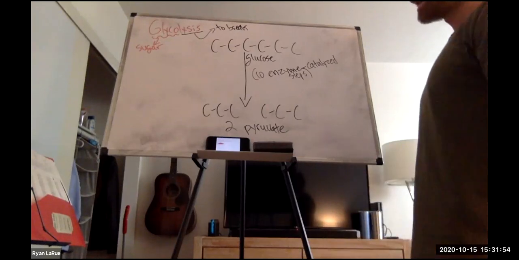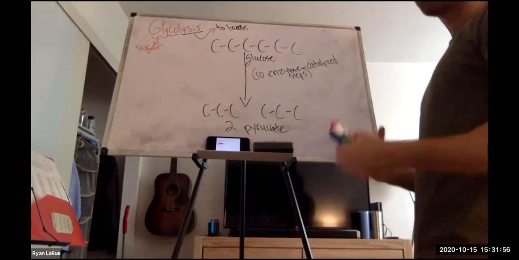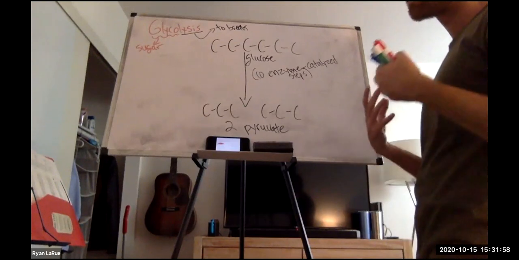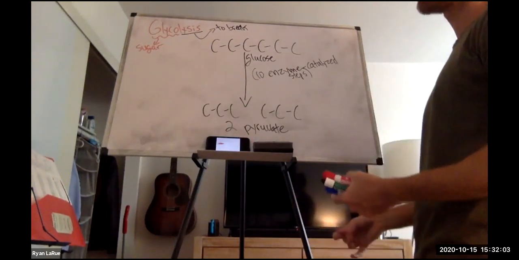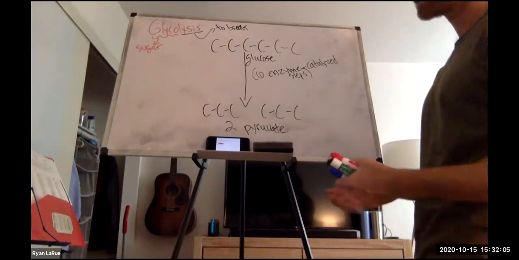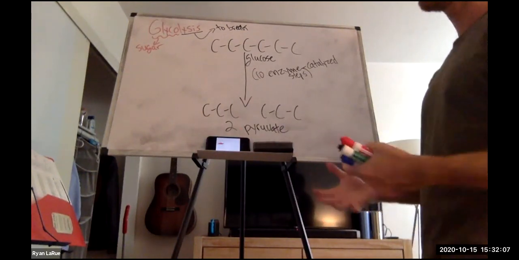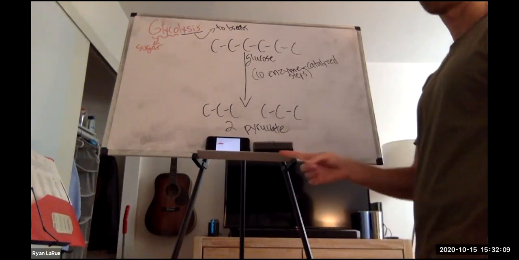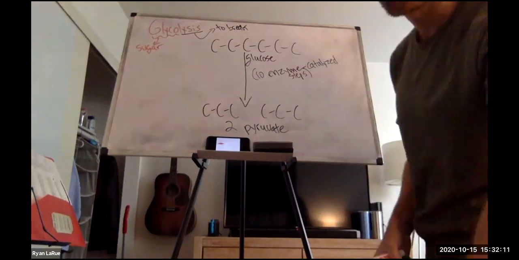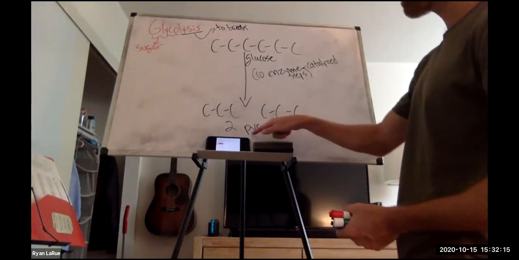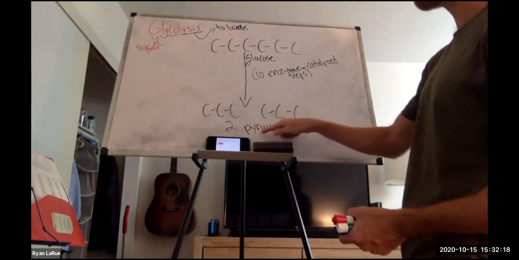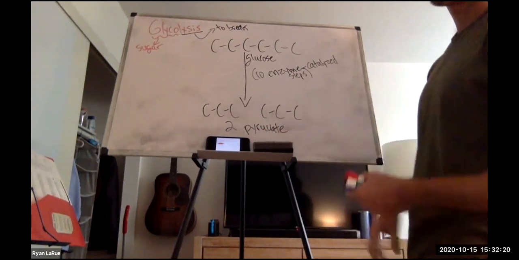Now, throughout this entire series of reactions, it's kind of like an assembly line where glucose is moving down. Oh, what does the word next to 2 say? Pyruvate. P-Y-R-U-V-A-T-E.